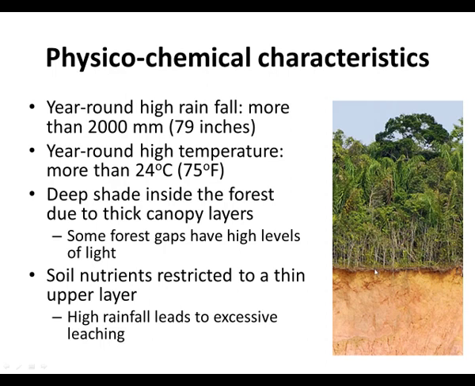All the leaf litter and all the nutrients are restricted to this very superficial layer. Why? Because the high year-round rainfall leaches all the nutrients into very deep areas, so you really don't have access to that nutrient. So in a rainforest, all the nutrients are typically above ground.